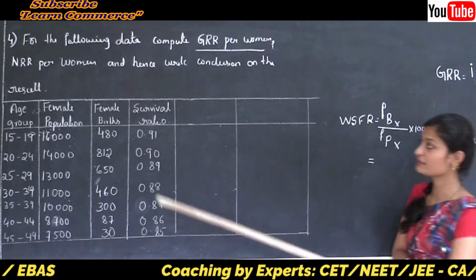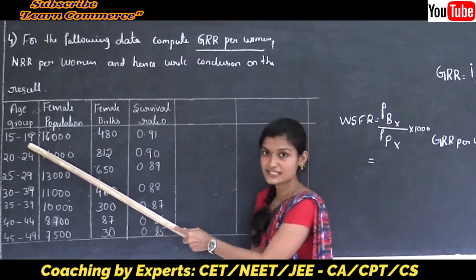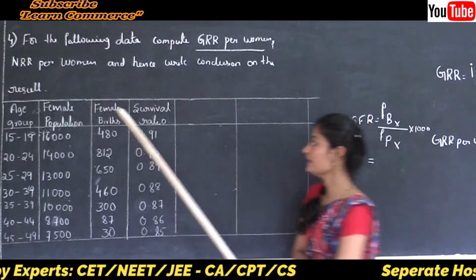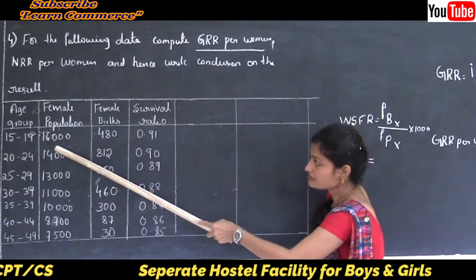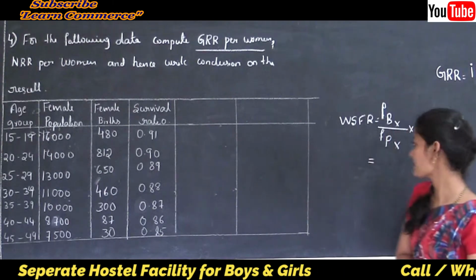If I consider first specified age 15 to 19, here female births are 480 and female population is 14,000. Okay, that I will substitute in the formula.